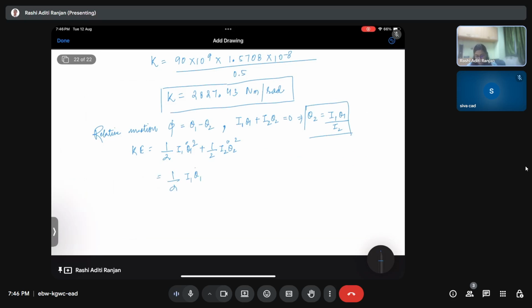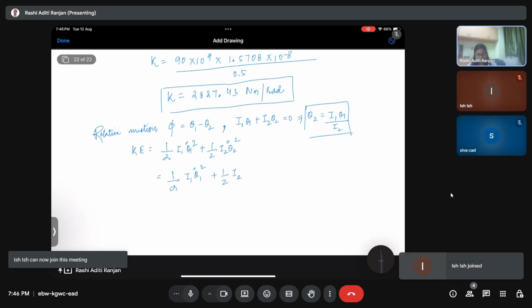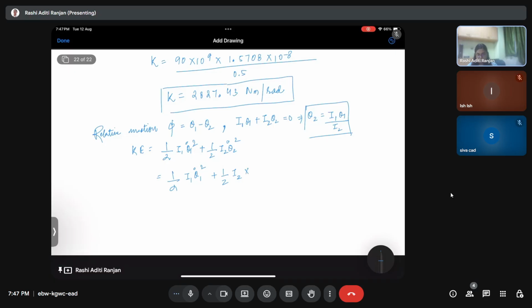So I'll get half I1 theta 1 dot square plus half I2 into I1 by I2 theta 1 dot square.